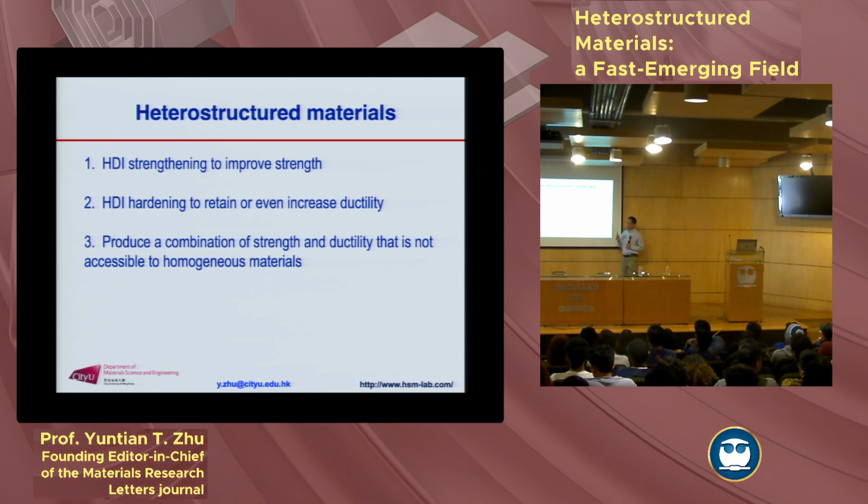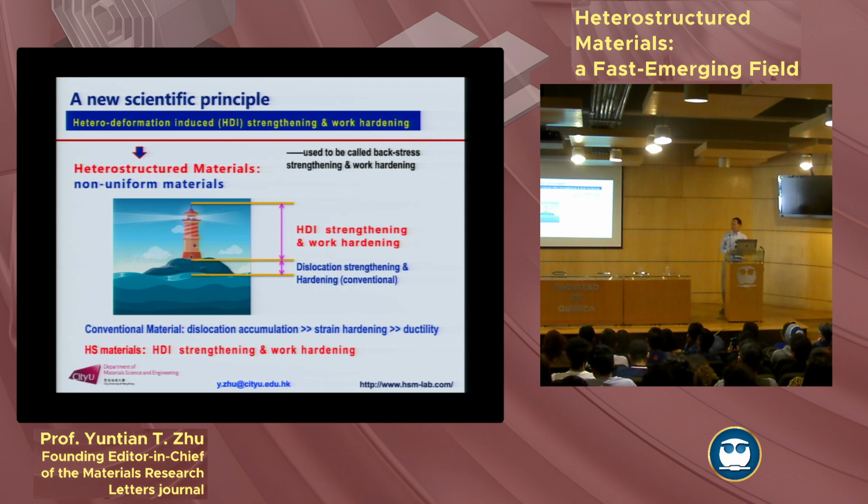As a result, you produce a combination of strength and ductility that is not possible for conventional homogeneous material, which is what is in our textbook. And so basically, the old principle of dislocation hardening still works. On top of that, we add another extra one to make things better.